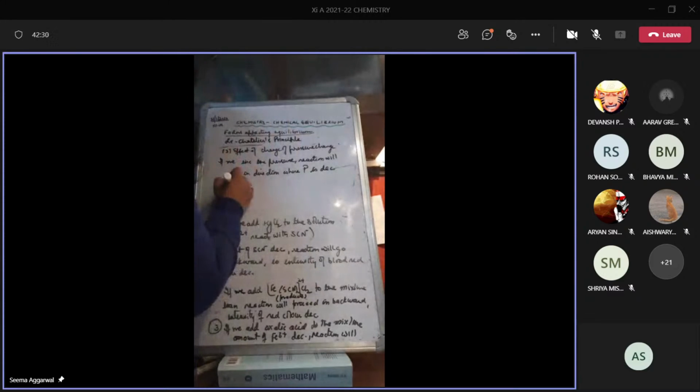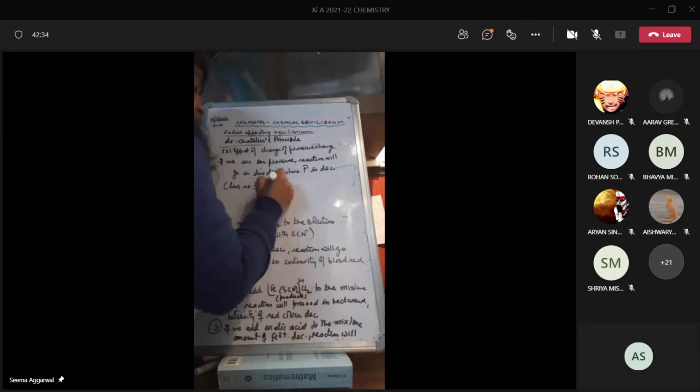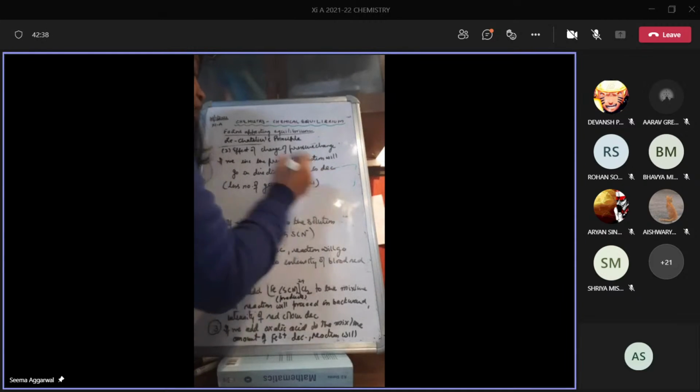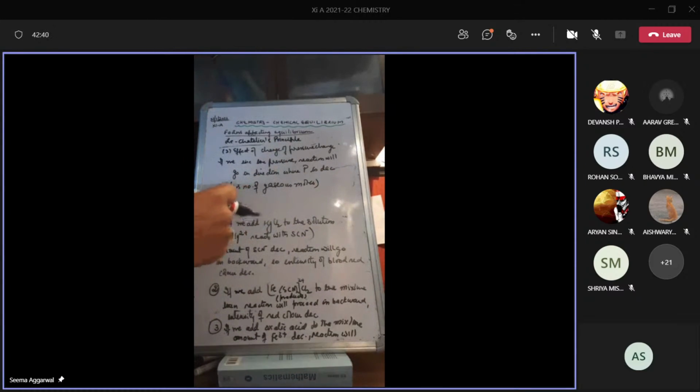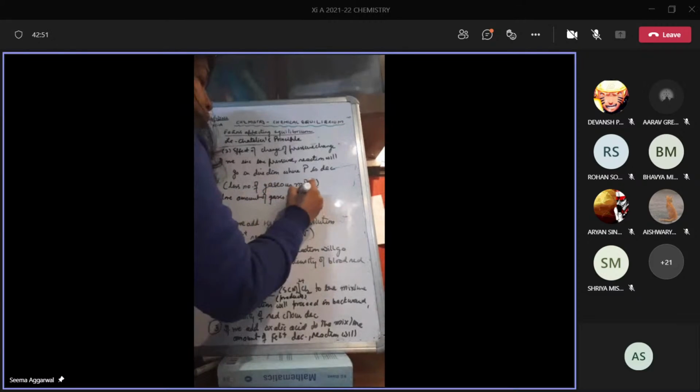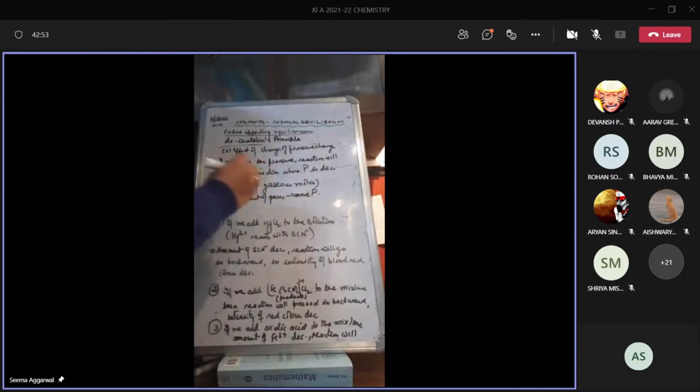Pressure decrease means where there is a lesser number of gaseous moles, because pressure is due to gases. More gases means more pressure, less gases means less pressure.